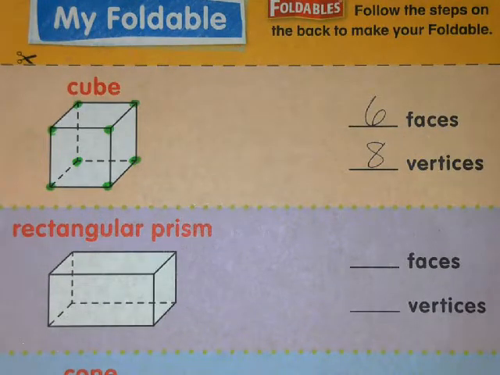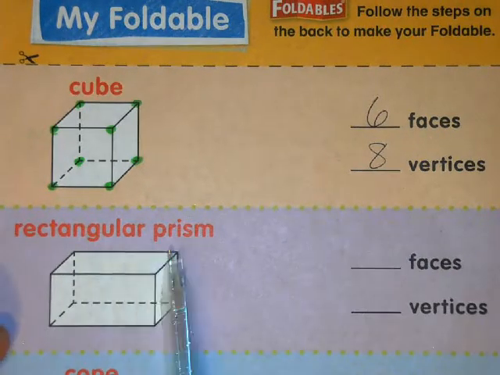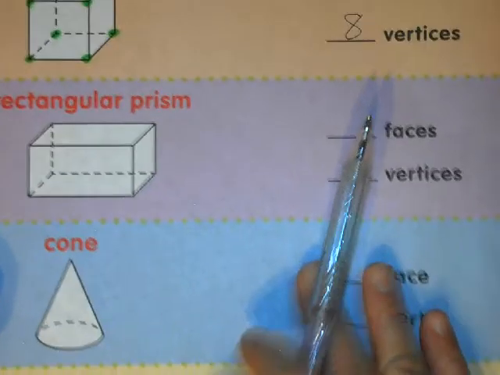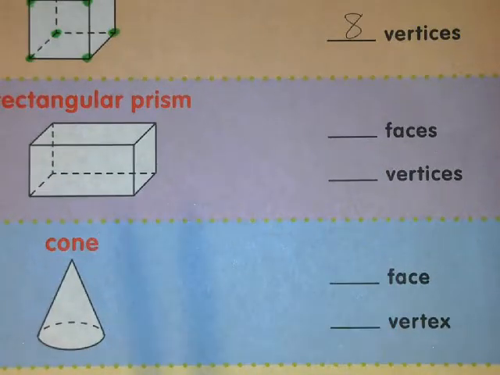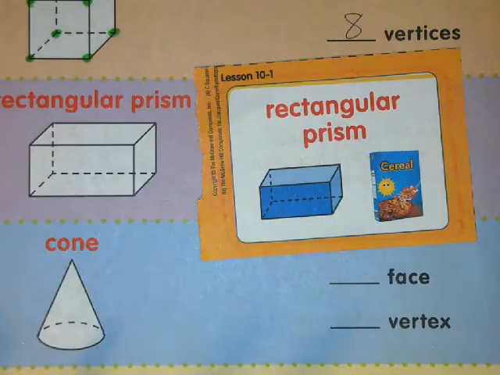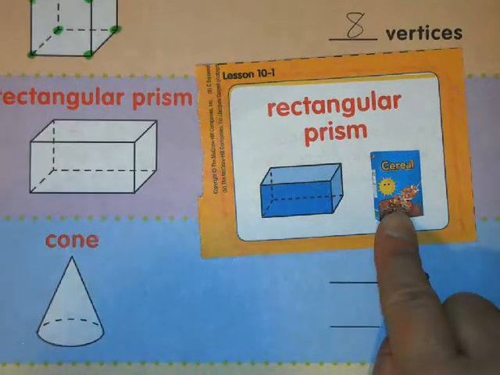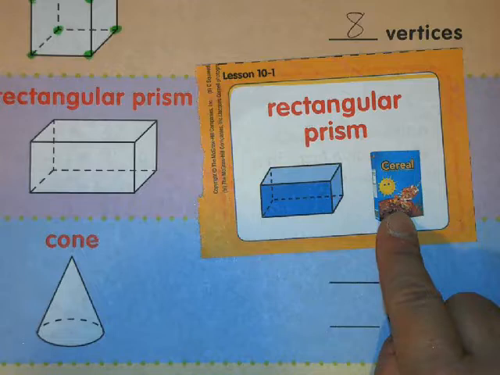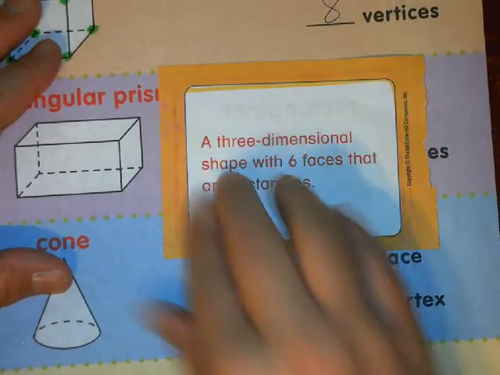Okay, next we're going to look at the rectangular prism. Let's find our card and see what it says. Rectangular prism. It's the same shape as a cereal box. So if you have cereal boxes at your house or your home, you have a rectangular prism in your home. Also a tissue box.